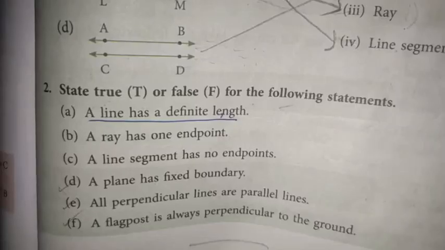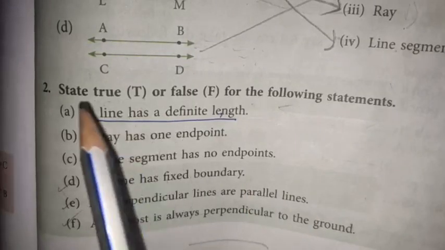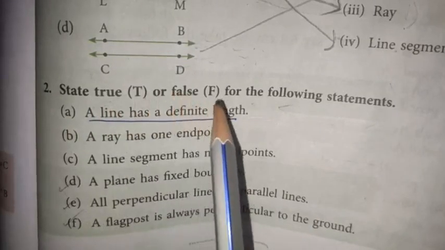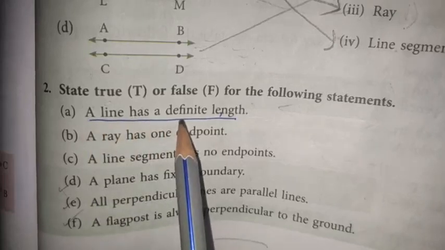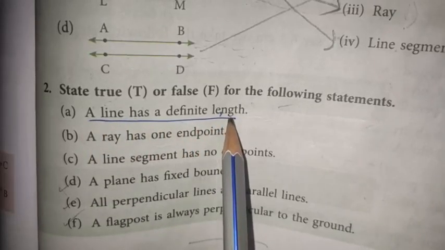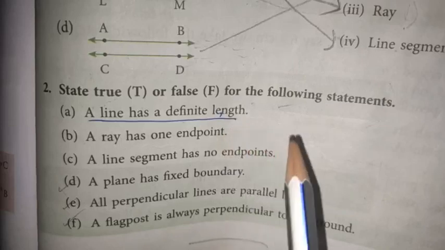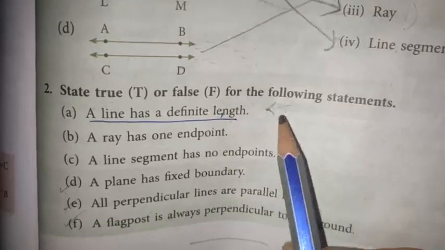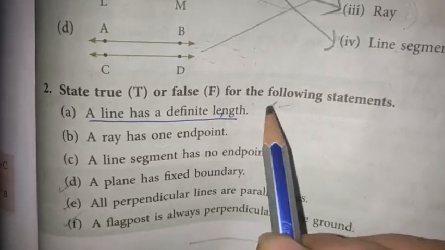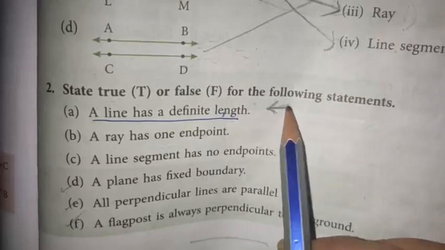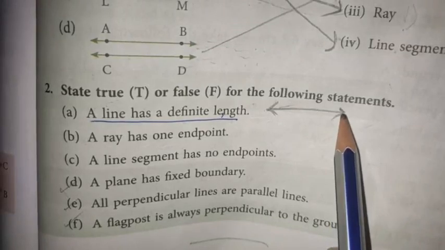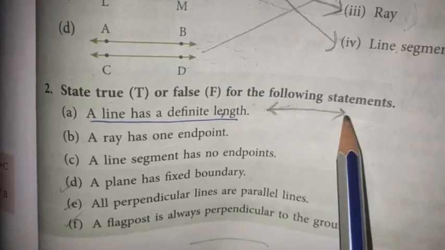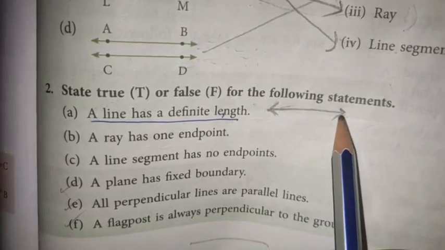Heading forward to question number 2, we have to state true or false for the following statements. A line has a definite length. What do you mean by line? I'll draw a line here. If you have two arrows on both sides, then that indicates a line.